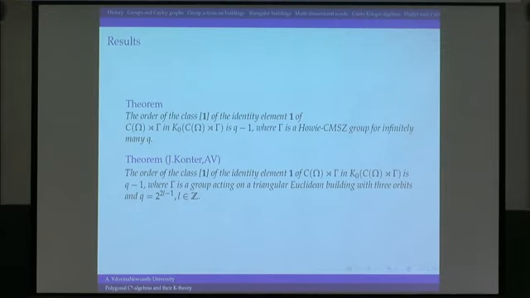It depends only on the building. So with a young mathematician from Chicago, we have, for example, a result like this: that the order of the class of the identity of this crossed product algebra is actually q minus 1, when q is 2 to the power l minus 1. So what is the q actually behind every building?